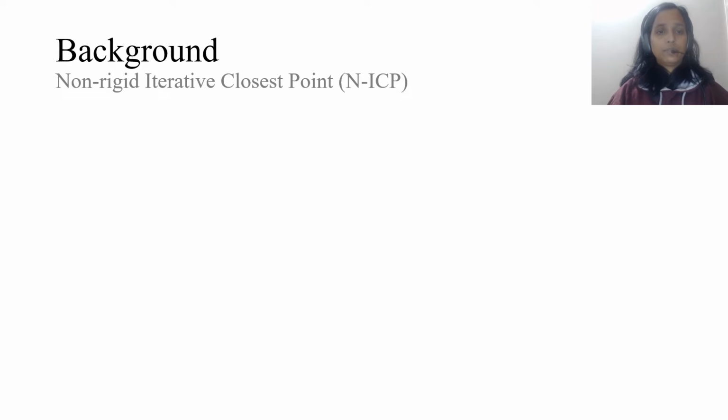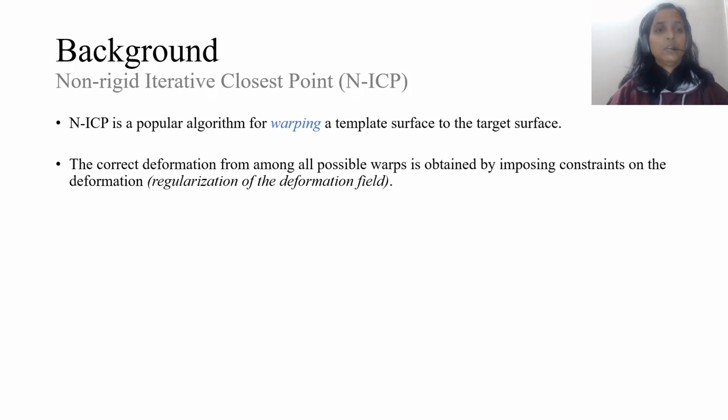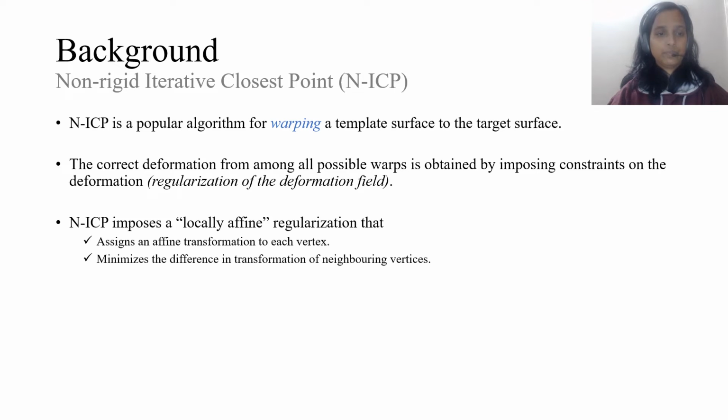Non-rigid iterative closest point, which is also known as NICP. NICP is a popular algorithm for warping a template surface to the target surface. The correct deformation from among all possible warps is obtained by imposing constraints on the deformation, which is also known as regularization of the deformation field.